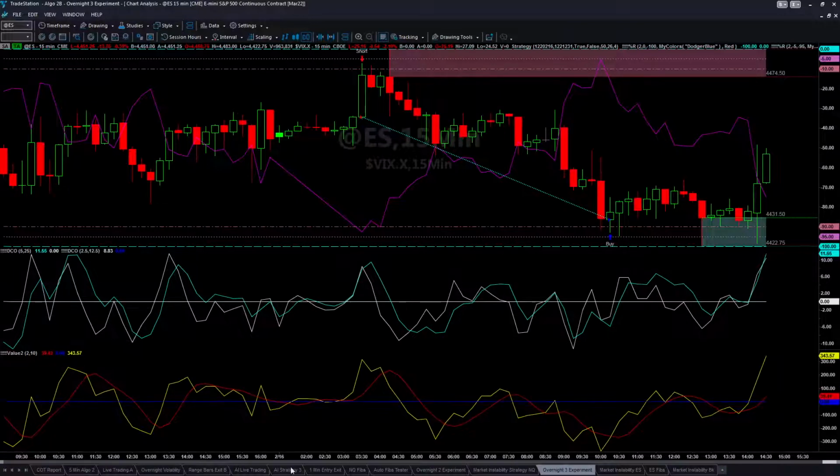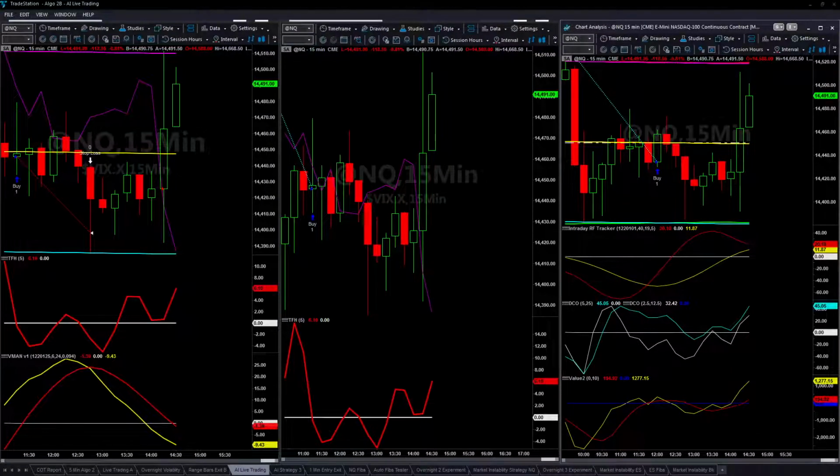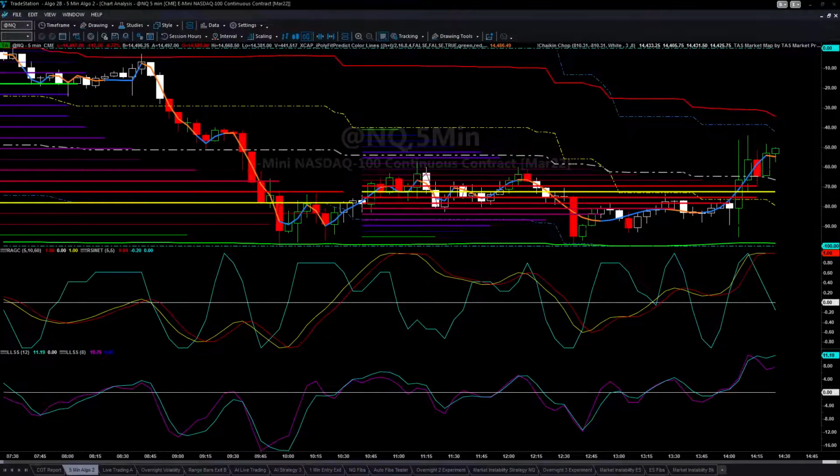I may take a long on this. This looks like this long is going to continue its march up, so let's see where we're at here. Yeah, it's trending. This is definitely trending, so I will take a long trade on one contract on the NQ.